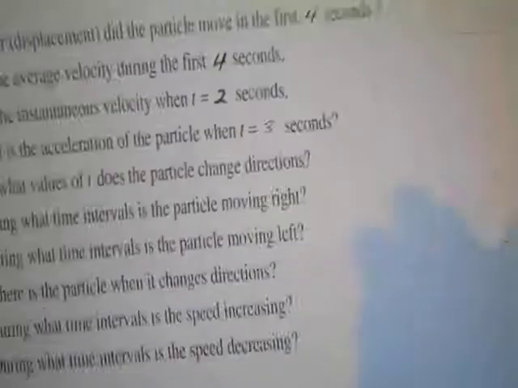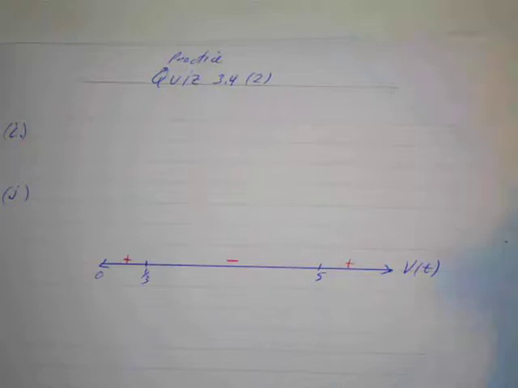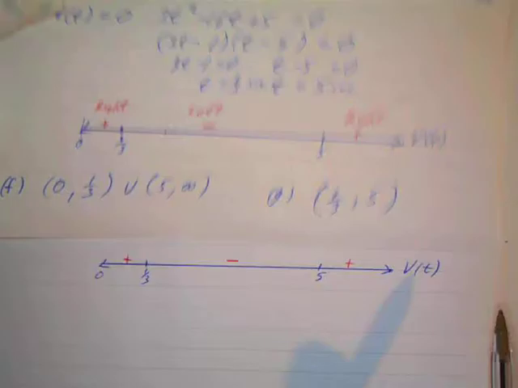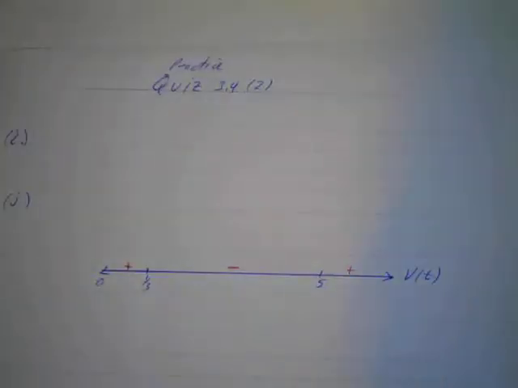Okay, so what we want to do is check these time intervals. Now we already did the velocity. Remember, we have right, left, right. This was our velocity, and these were where it stopped. So I'm going to write that down.